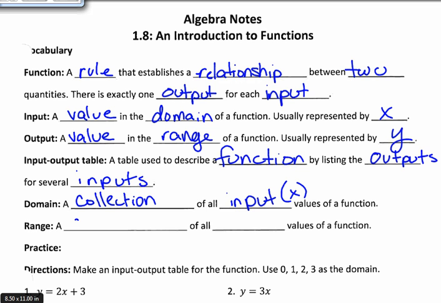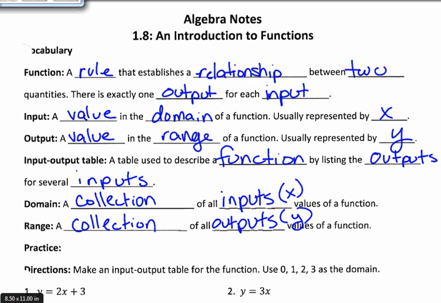A range, on the other hand, is a collection of all outputs, usually represented by y. Okay. So we'll look at these a little bit closer in just a second.